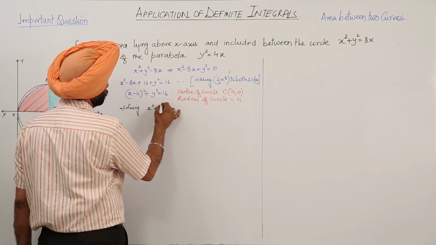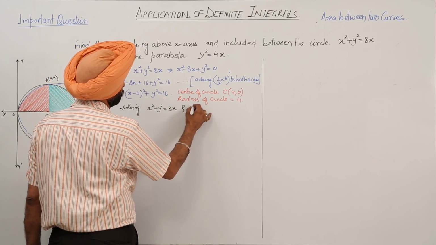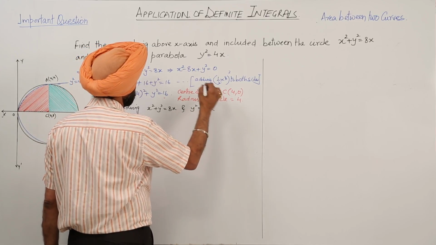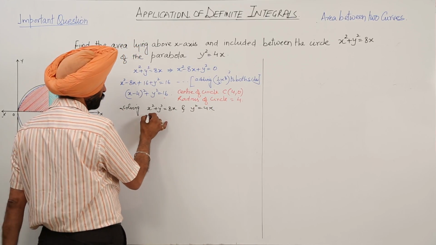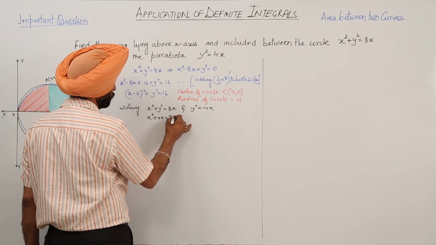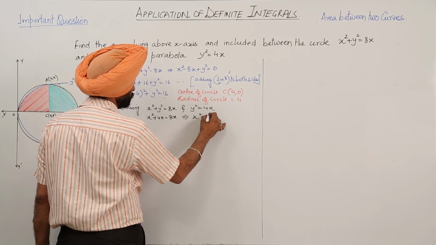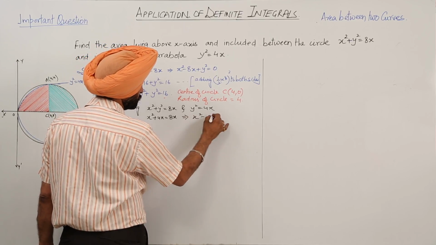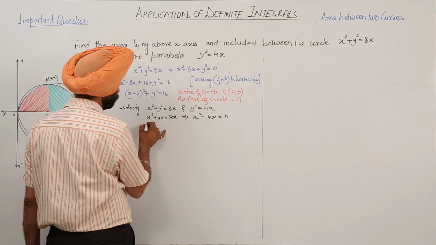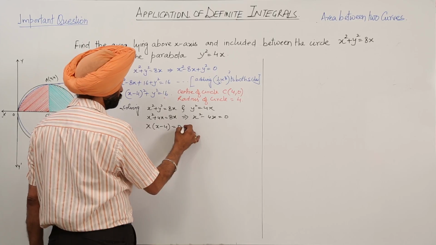x square plus y square is equal to 8x and y square is equal to 4x. Now what are we getting? x square plus 4x is equal to 8x, and this implies x square minus 4x is equal to 0, or x(x minus 4) is equal to 0.